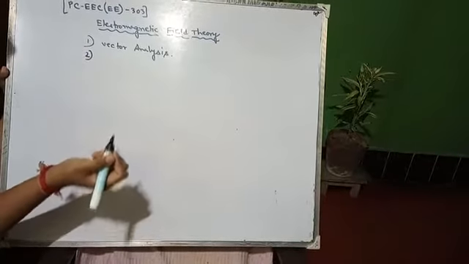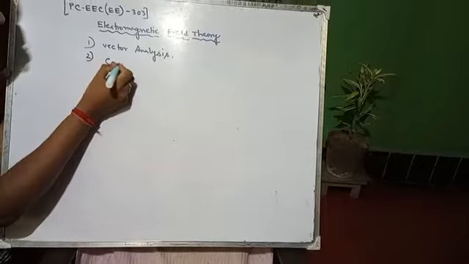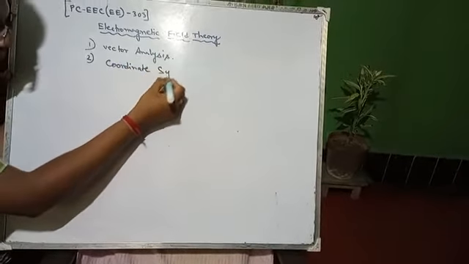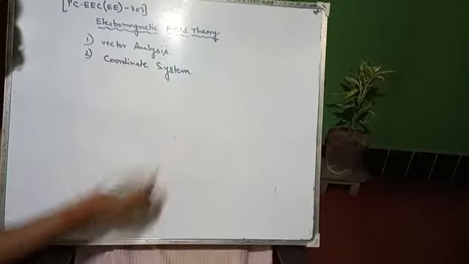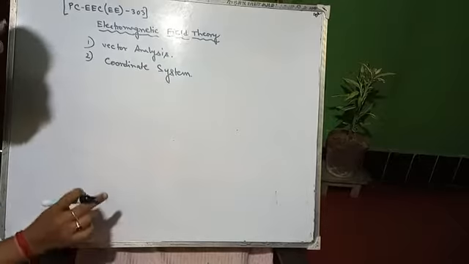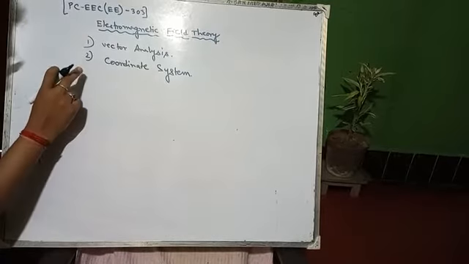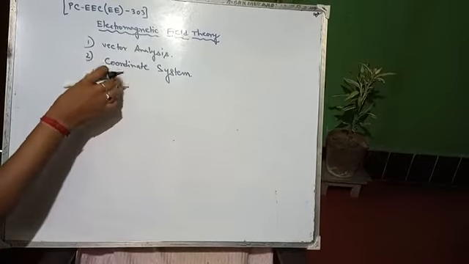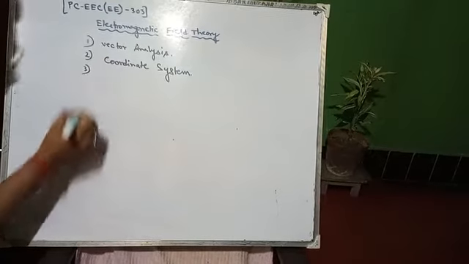Second module is your coordinate system. Okay, so these two modules are actually used as a tool. These two modules are the basic concepts on which the remaining modules are to be taught.